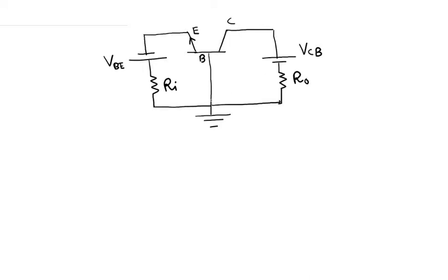Okay, so since the base is connected to both the emitter and the collector with the help of a voltage source and a resistor, the base is basically common to both the emitter and the collector, and that is why this configuration is known as the common base configuration.